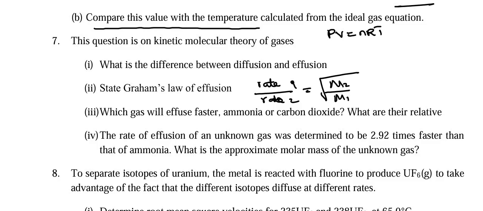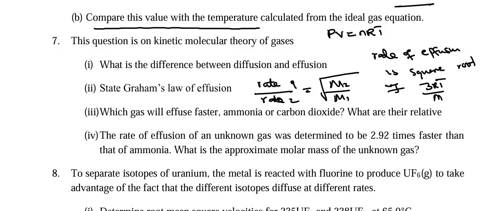So this is just writing you the answer to this question instead. It states that the rate of effusion, for one gas, I'm talking about root mean square velocity, is equal to the square root, just putting the formula in words, of 3RT over M, where M has to be in kilograms per mole.